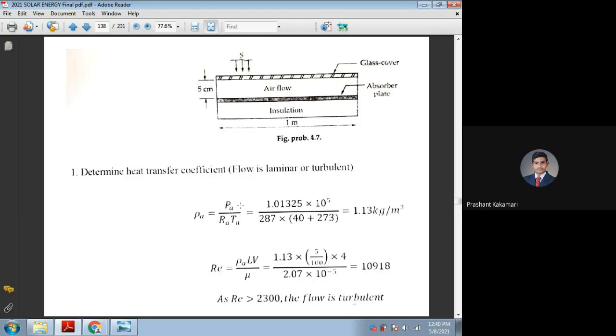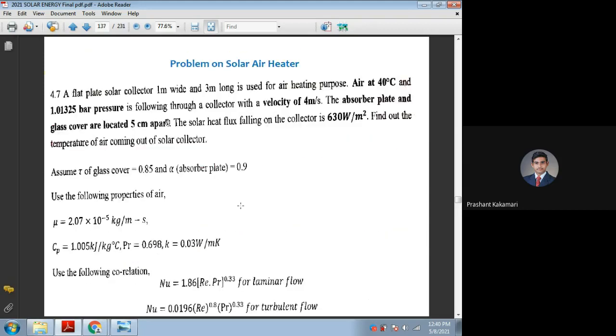For the airflow, the cross section is different. Focus here. Sorry. For airflow, the height of the duct is 5 centimeter, and the length is 3 meters.